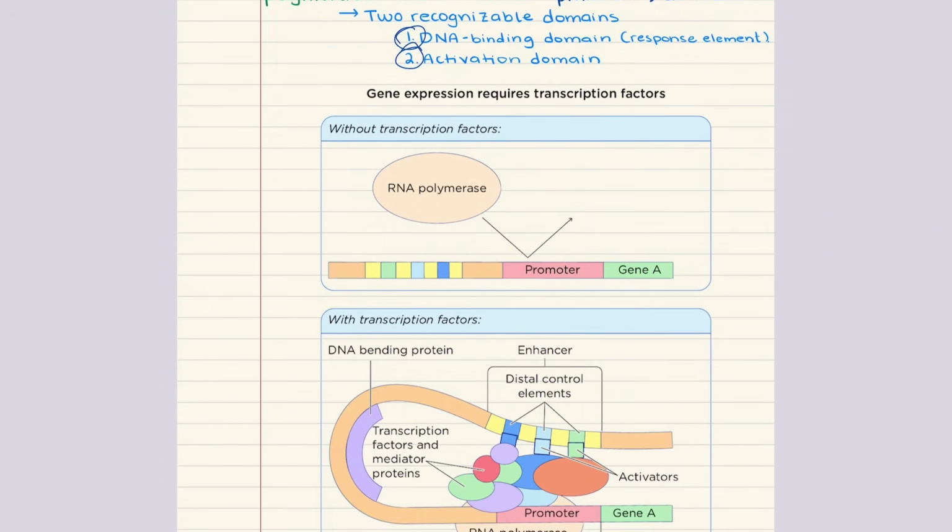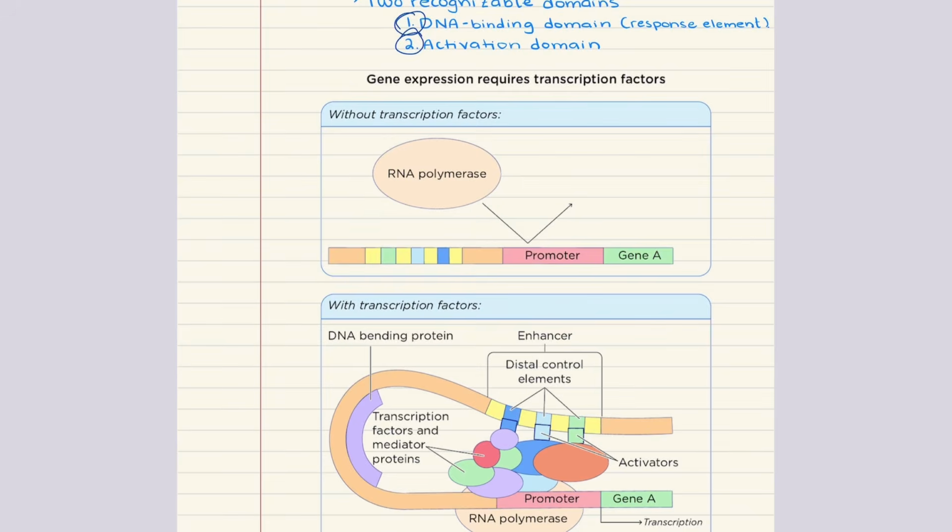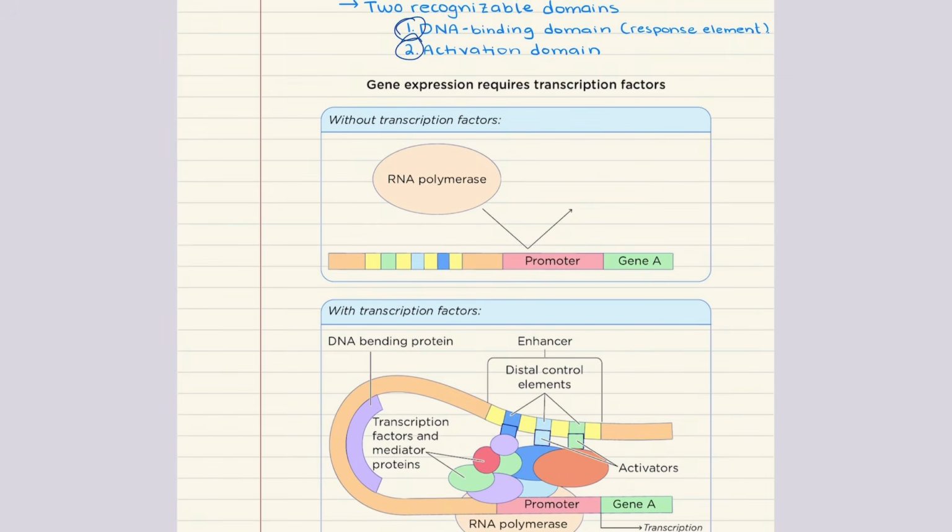This region allows the transcription factor to interact with other proteins like RNA polymerase or some other co-activators to either activate or suppress transcription. Now, some transcription factors act as activators and they will boost gene expression, while others are going to be repressors that shut down gene expression.